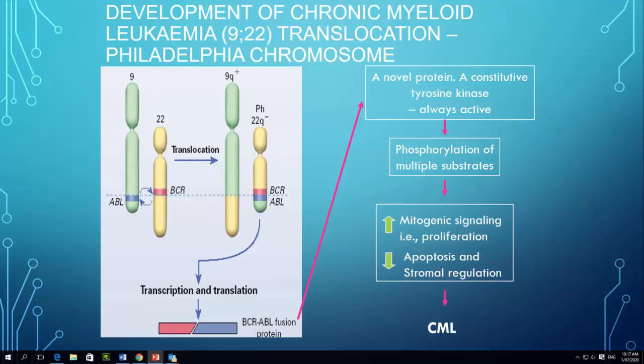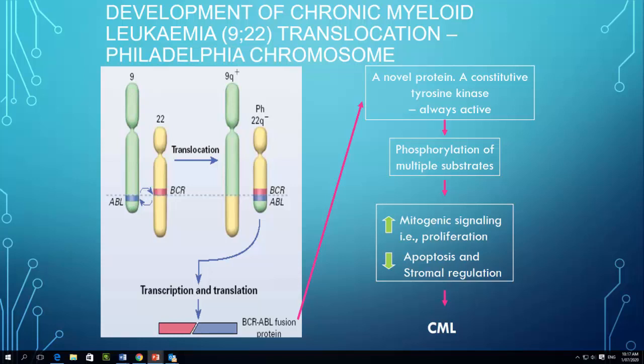Another translocation is the Philadelphia chromosome, associated with chronic myeloid leukemia. It's a 9;22 translocation, and it makes a novel protein. The novel protein is a tyrosine kinase, so again, another promoter of cell cycle, another oncogene, and it's always active. Having this fusion gene means it's always active.